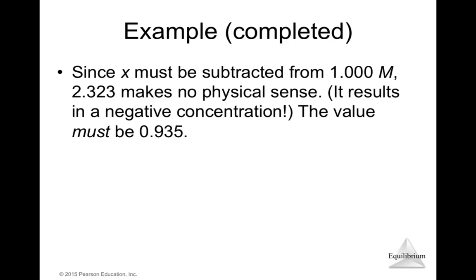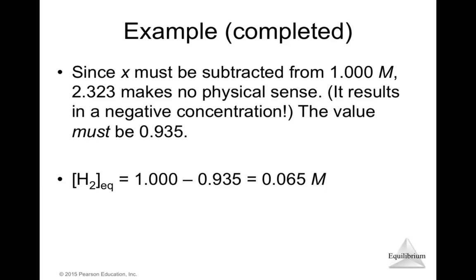This makes no physical sense because we're going to subtract that from 1, so it results in a negative concentration. So the value instead of 2.32 is going to be 0.935.